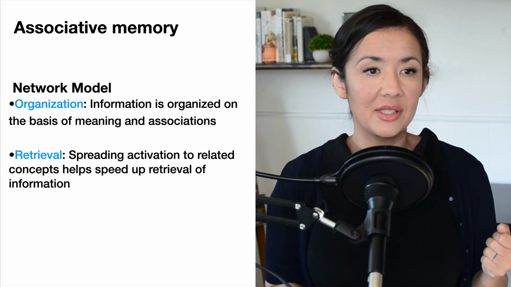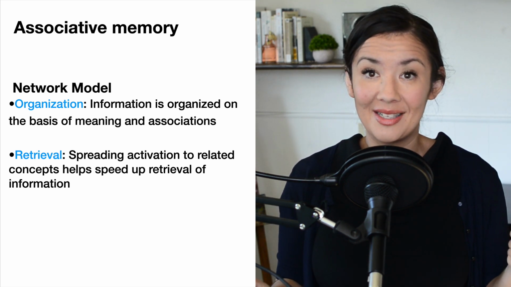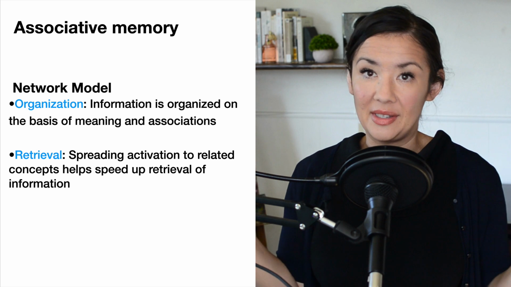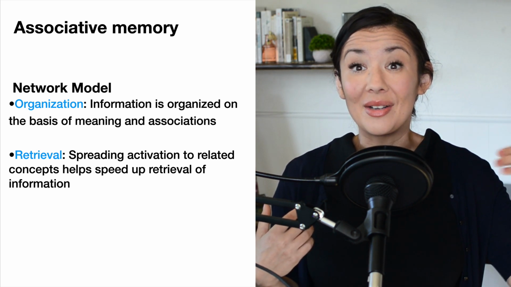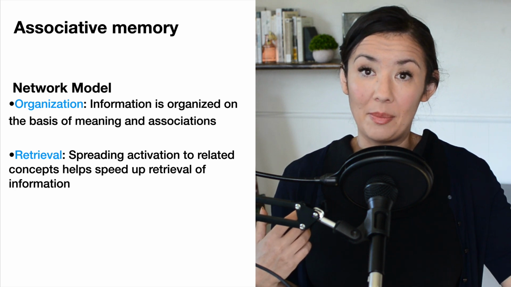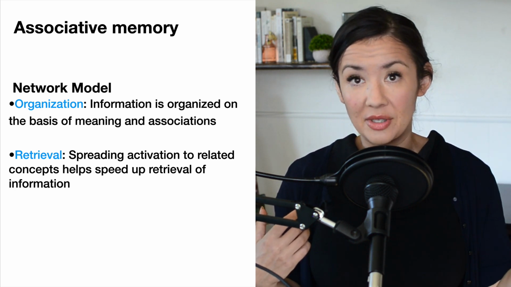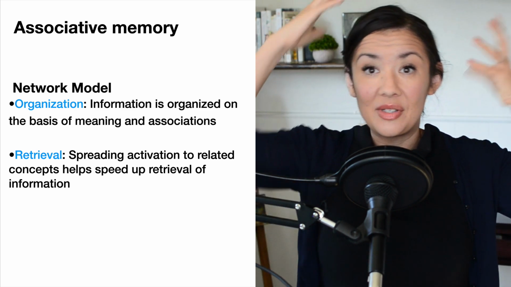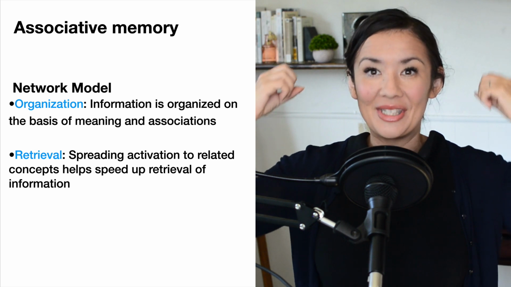You can imagine a scenario where you're at a sporting event and you're in a stadium and it's very loud. Now, imagine someone next to you starts talking to you. You might assume they're going to be talking to you about maybe the game that's happening or other sports-related information because you have a network of associations of sports information that is all being activated because you're in a stadium.